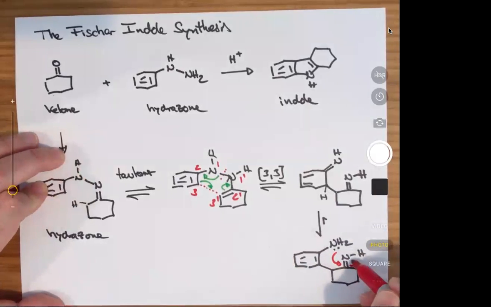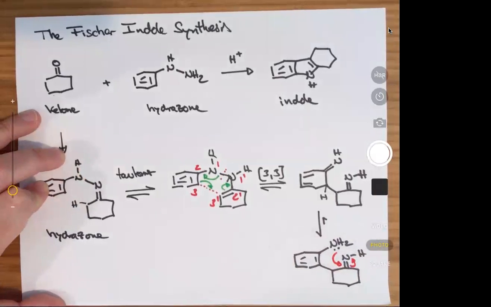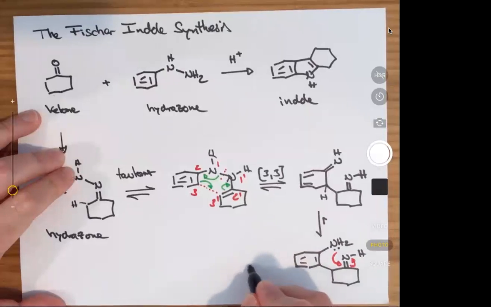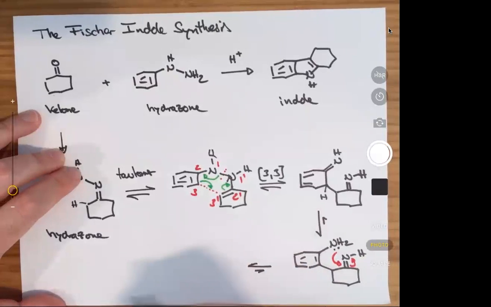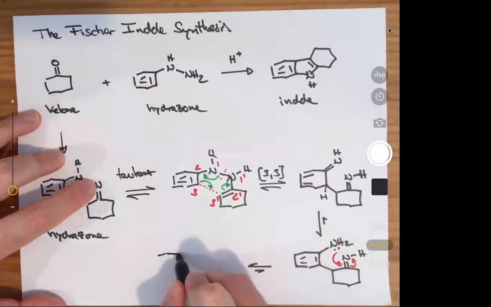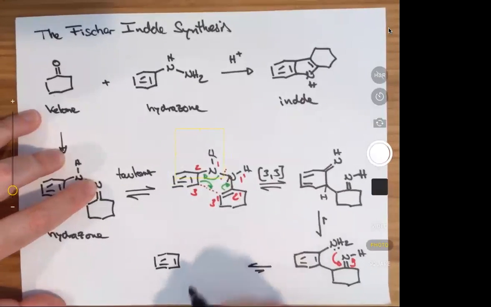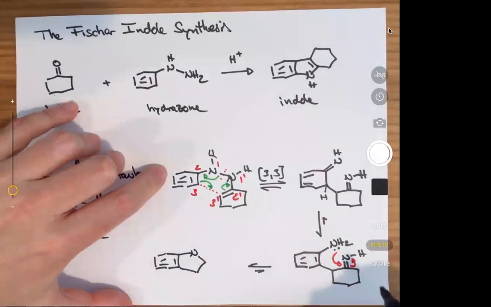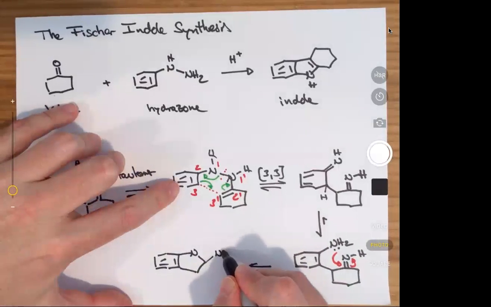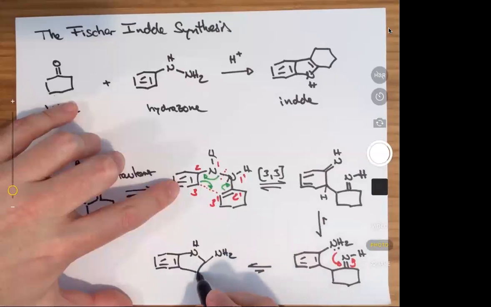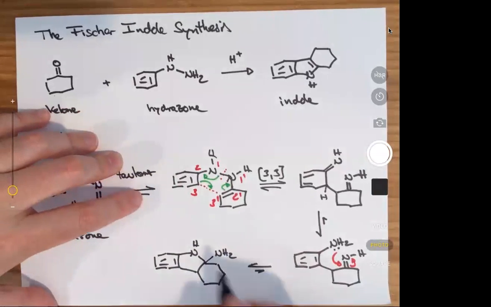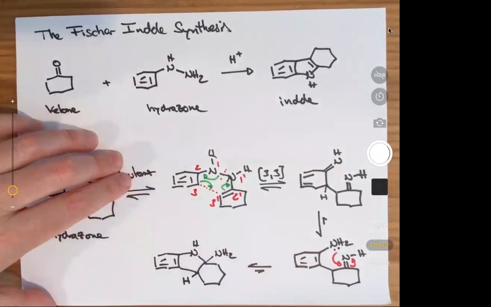So I can push the electrons out like this, and you end up with, let's see, how should we draw this? 6-membered ring, and then we still have NH2 here, a hydrogen, and the 6-membered ring here, and you're still left with 1 hydrogen at this position.